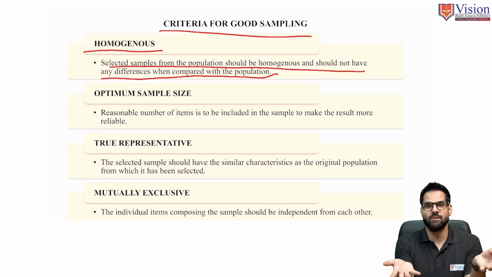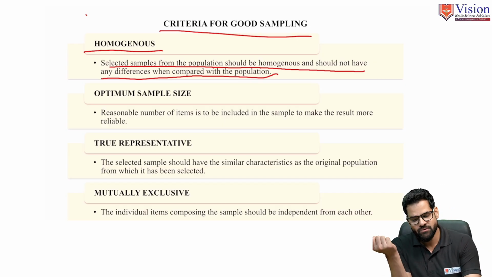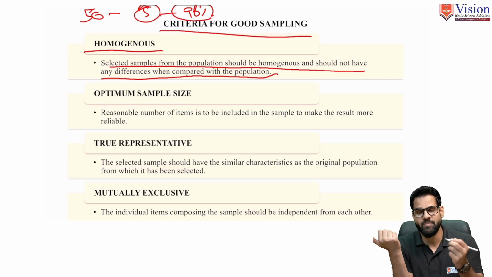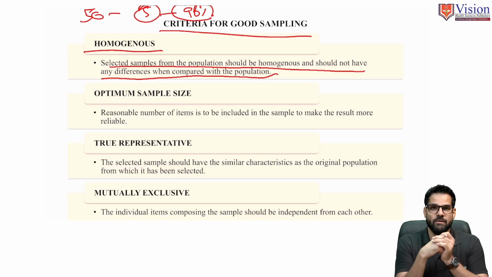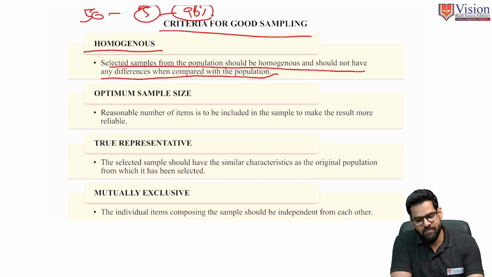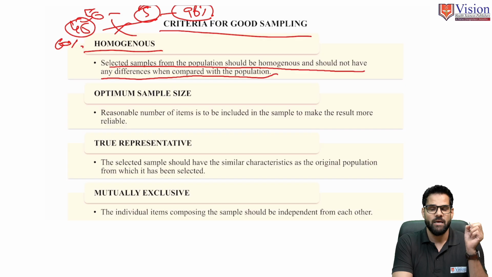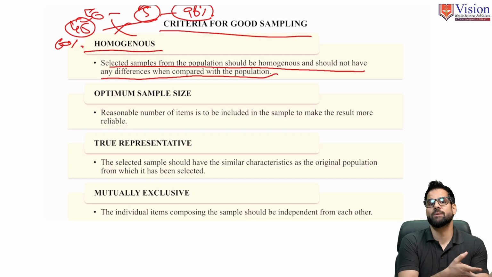So they should represent the population. Suppose there are 50 students in a class and I have taken 5, and these 5 students are having 98% in a previous exam, whereas the remaining 45 people are having an average of 60%. That means they are not representing the entire class. I have to take the sample which are homogeneous, means which are similar to the population.